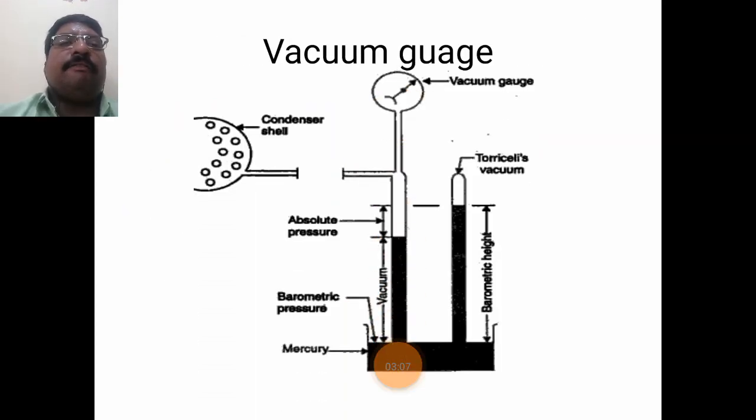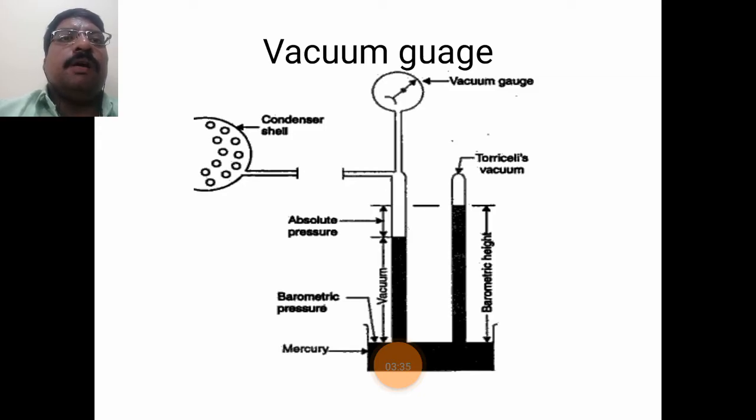Here the vacuum gauge consists of two limbs. The first one consists of the barometric height and the second limb measures the vacuum. Whatever the change in the vacuum pressure and barometric height is considered as the absolute pressure.